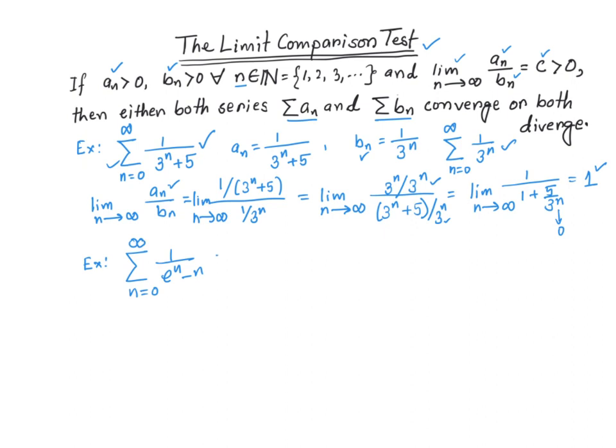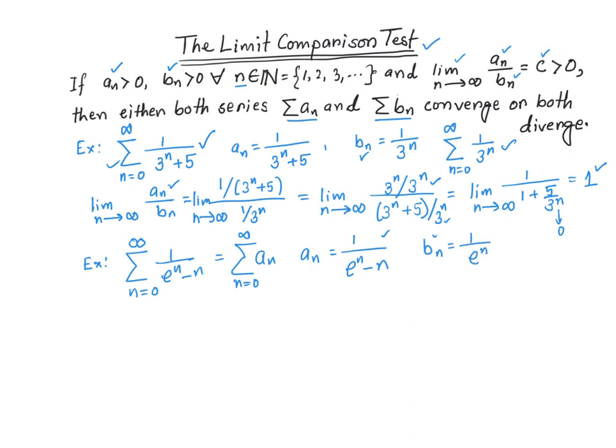So let's call this my summation a_n, n goes from 0 to infinity, and a_n is 1 over e to the power n minus n. Now our question is, does this series converge? So this is my a_n. Now I'm going to find the corresponding b_n, which is going to be 1 over e to the power n.